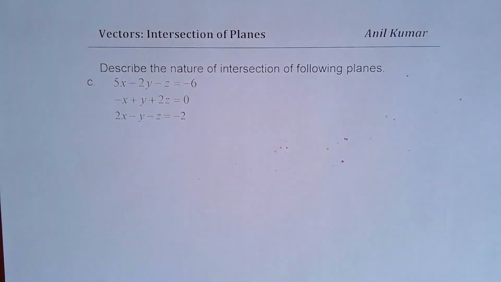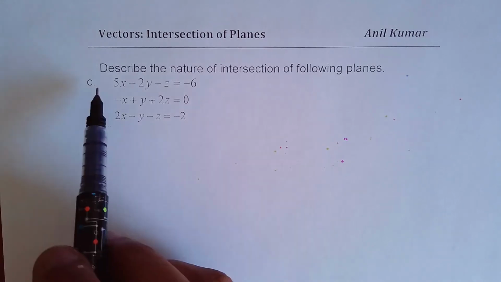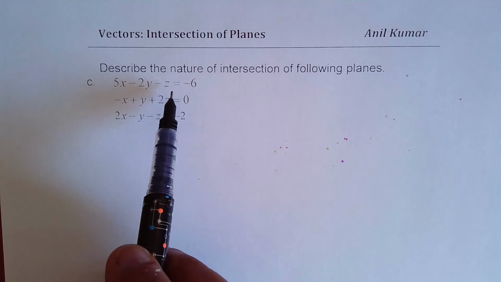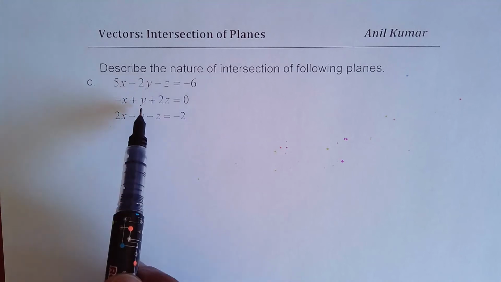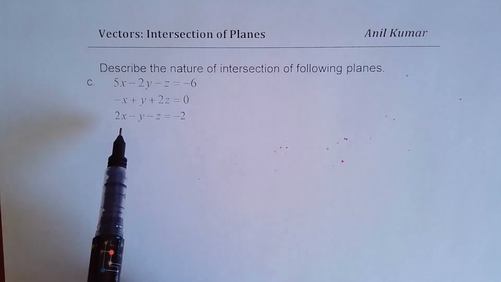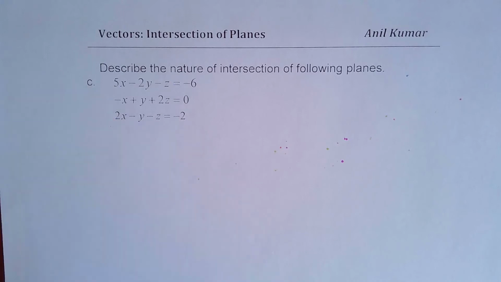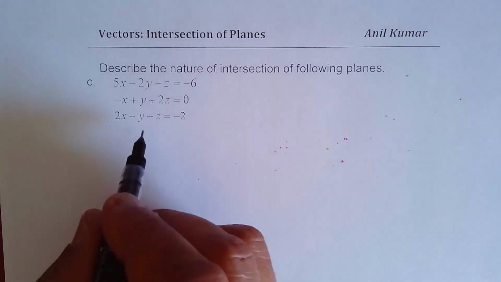So I've taken up C once again. What we have here are the three planes: 5x minus 2y minus z equals minus 6, minus x plus y plus 2z equals 0, and 2x minus y minus z equals minus 2. So we can write them in augmented matrix form and solve.